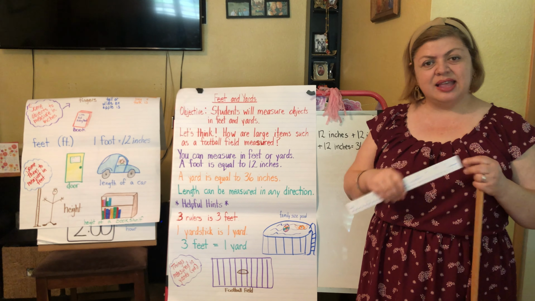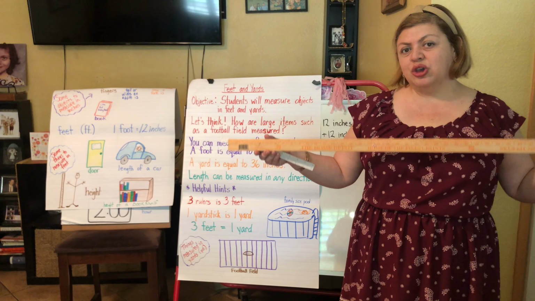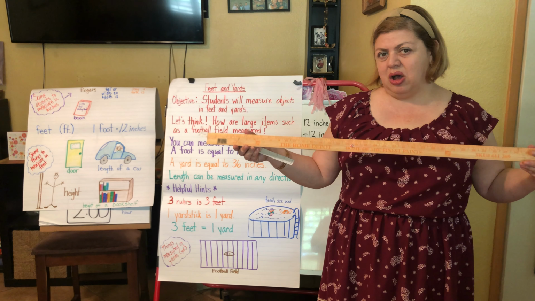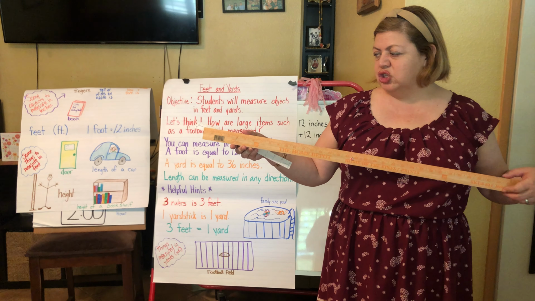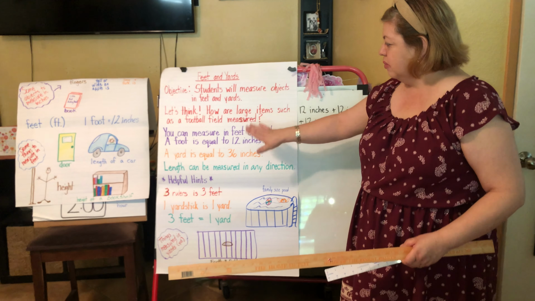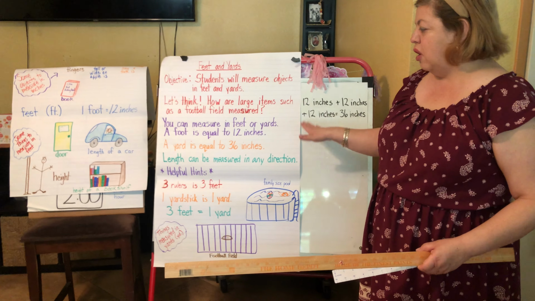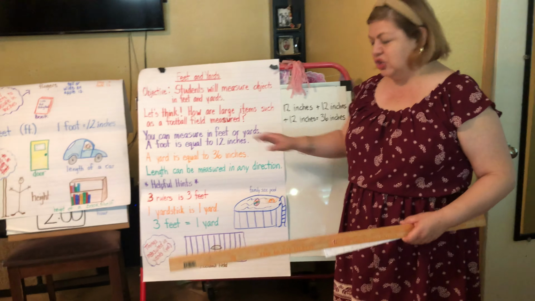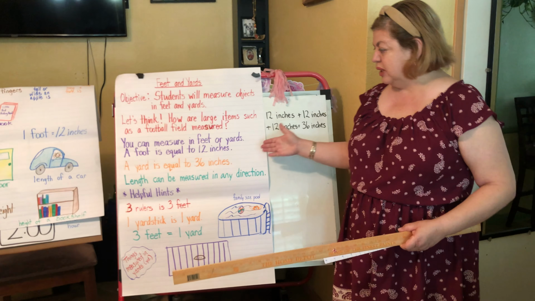So this here is our yardstick, okay? And it is 36 inches long. Now let's look at our notes up here. You can measure in feet or yards. A foot is equal to 12 inches, which is what we've already learned.